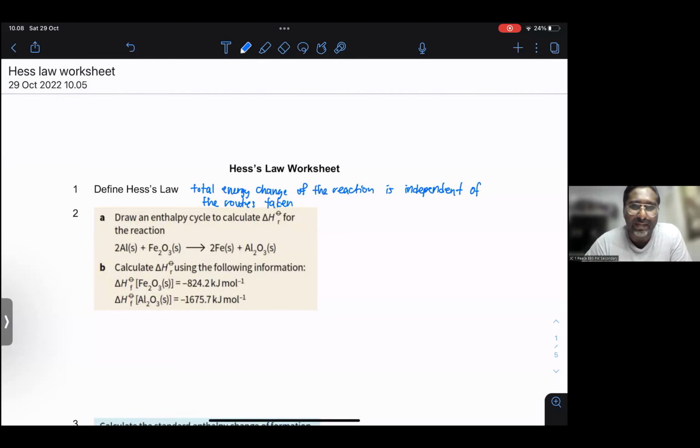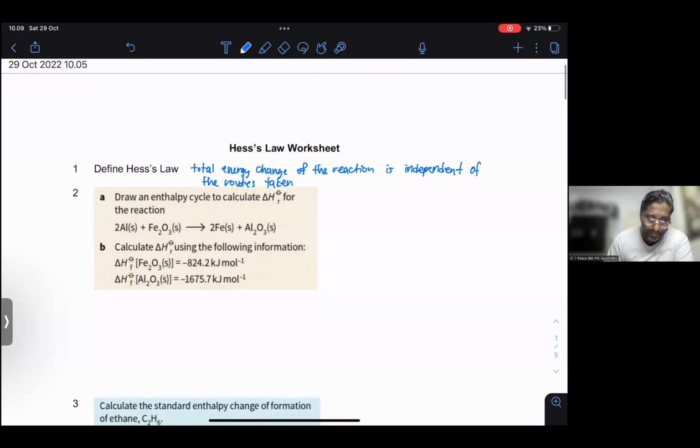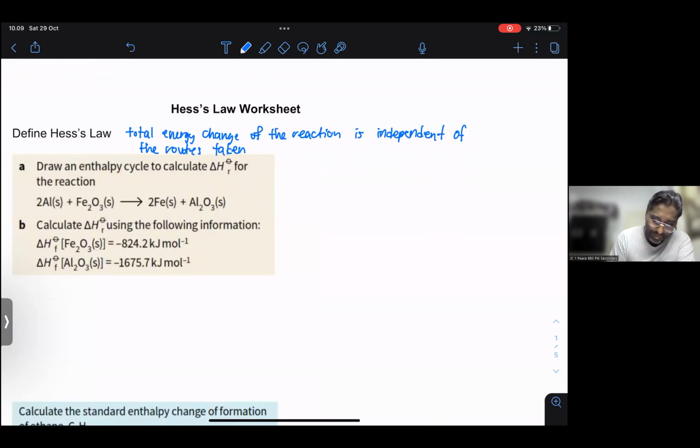Now, for question number two, they are asking us to draw an enthalpy cycle to calculate the enthalpy change of reaction for the following reaction. So if you want to draw this, first we have to write down 2Al plus Fe2O3, and just write down the equation: 2Fe plus Al2O3.